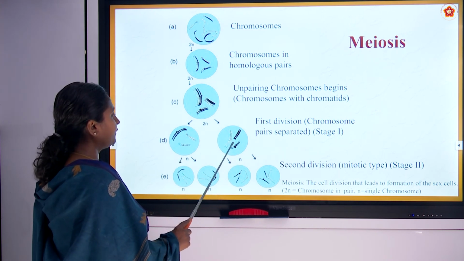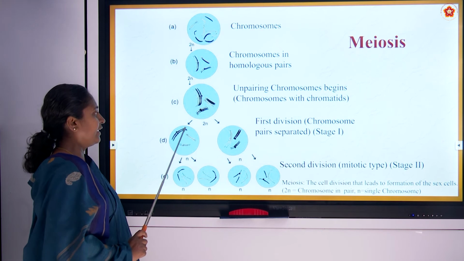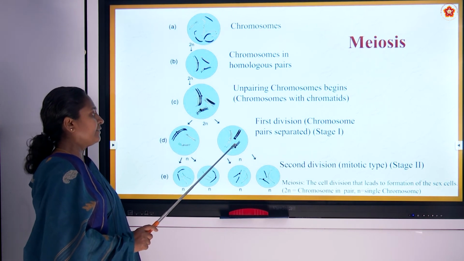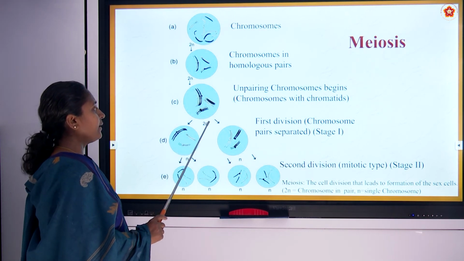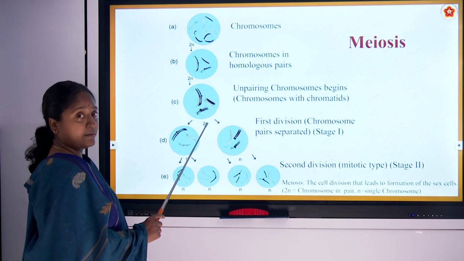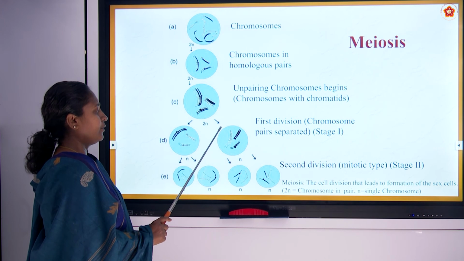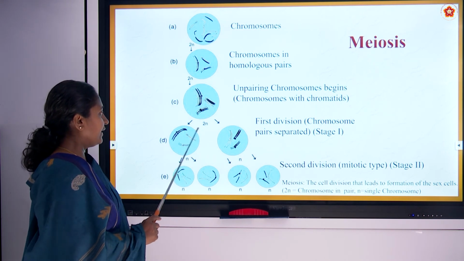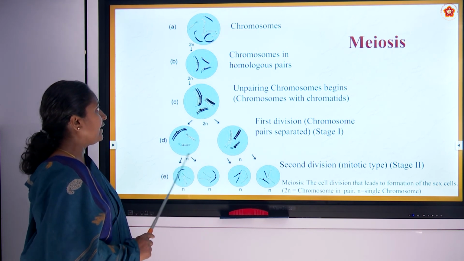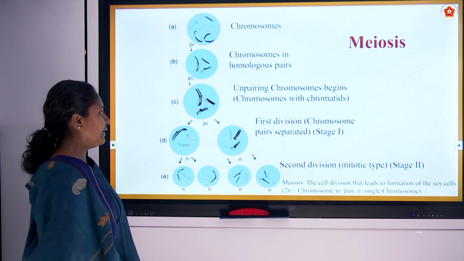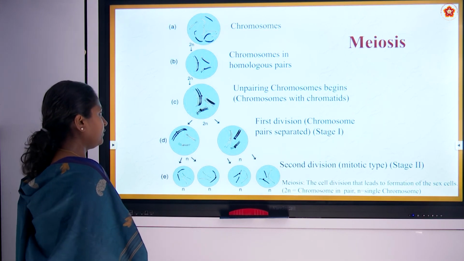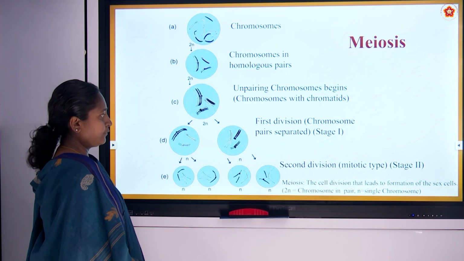With that, phase 1 completes. We get 2 cells. Here 2n was present, where n is the total number of chromosomes. 2n means 2 into n chromosomes, and here it is equally dividing. So we get n number of chromosomes at the end of meiosis 1, or stage 1, or phase 1.